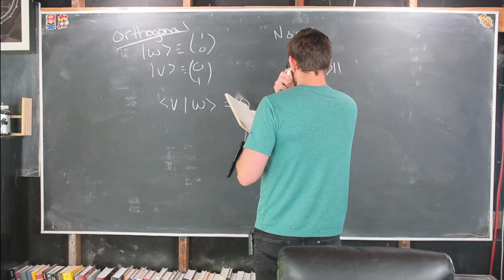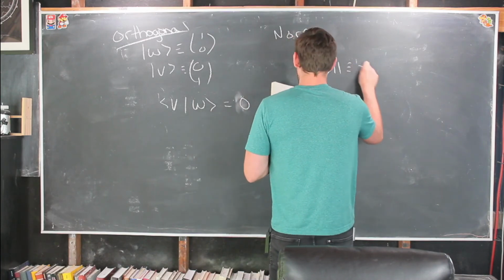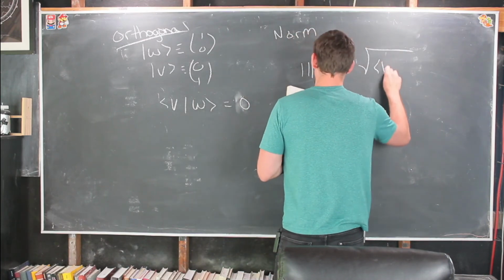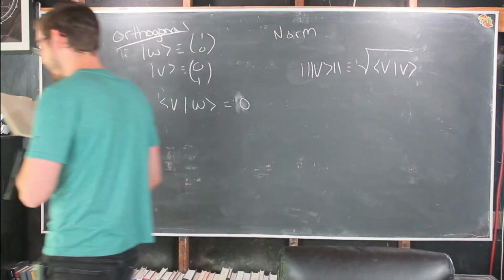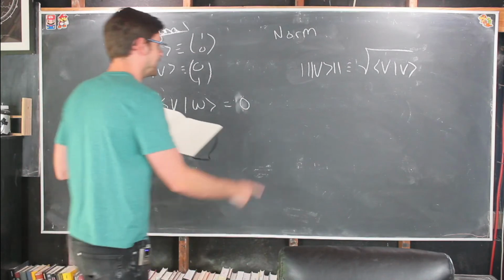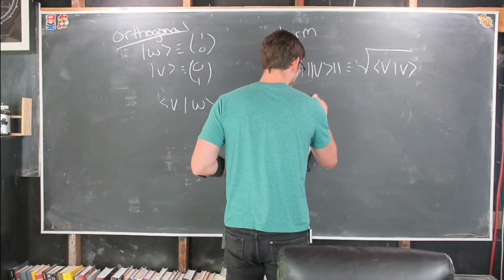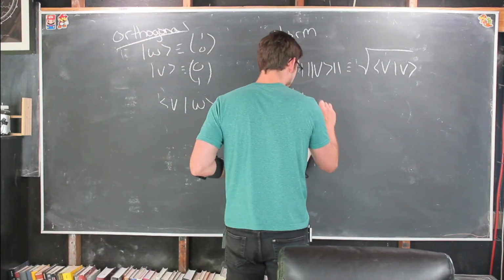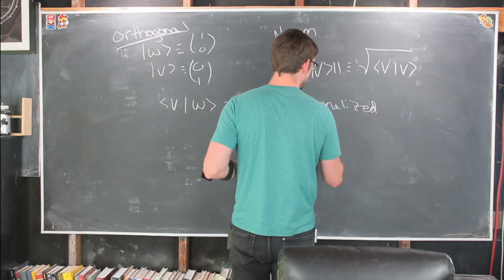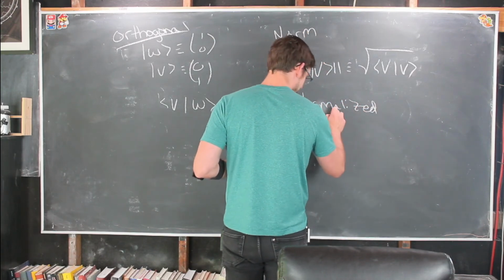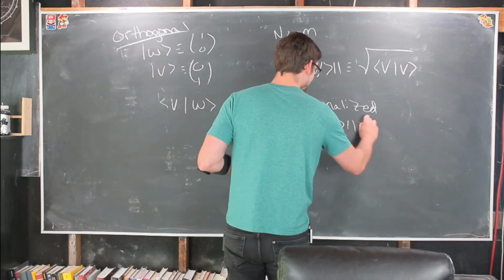And that's going to be equal to the square root of the inner product. Now, if it's normalized, then the norm is going to be equal to 1.